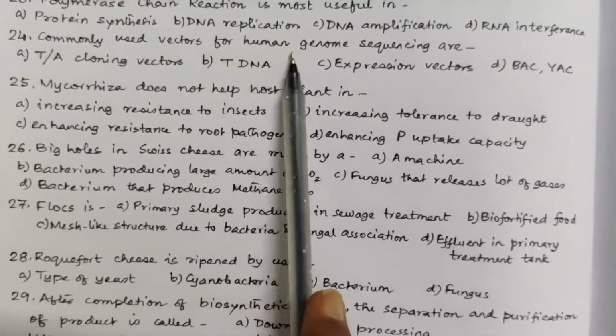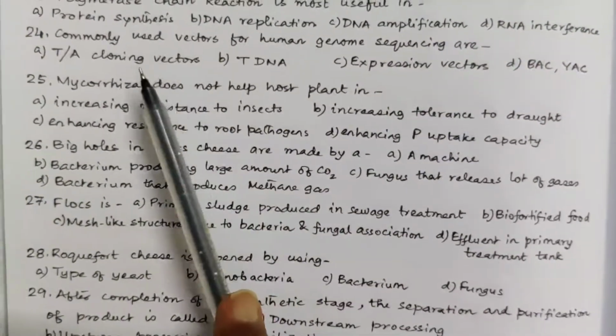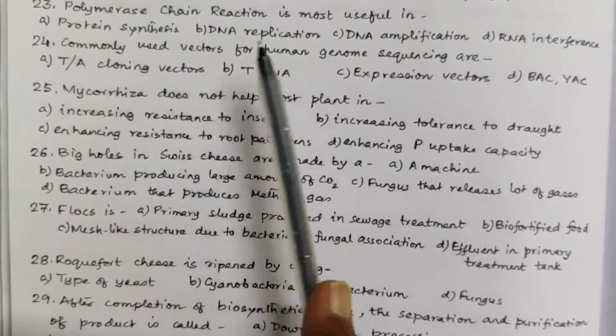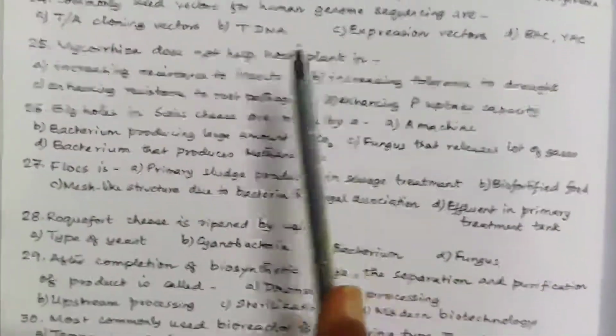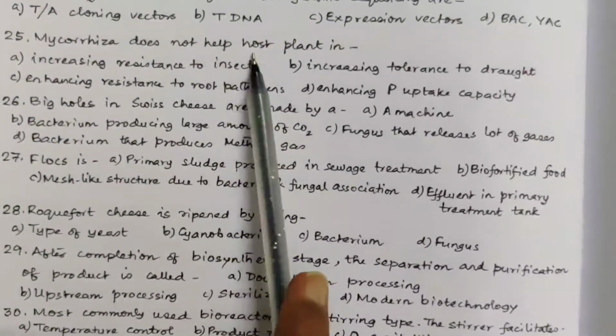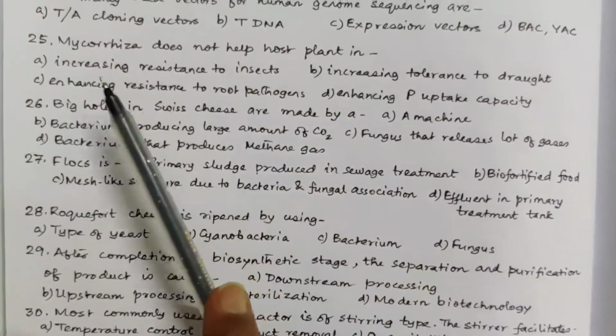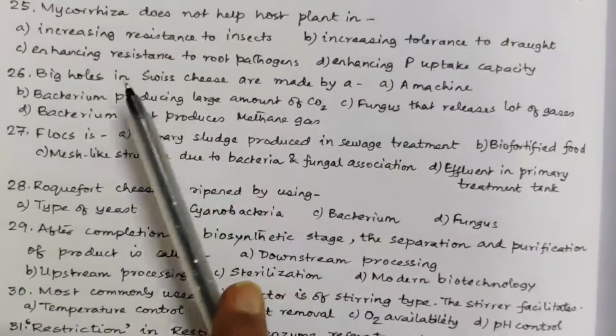Commonly used vectors for human genome sequencing are BAC and YAC. Mycorrhiza does not help host plant in increasing resistance to insect.